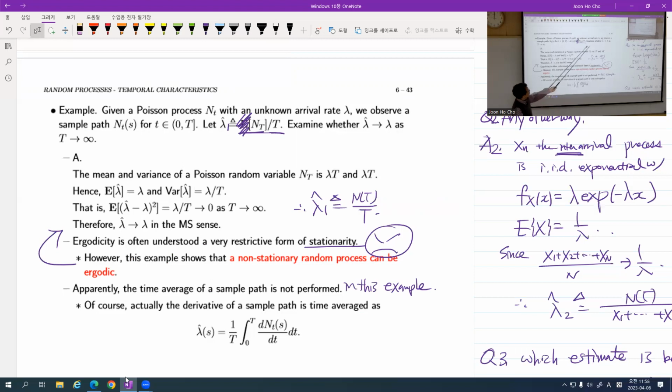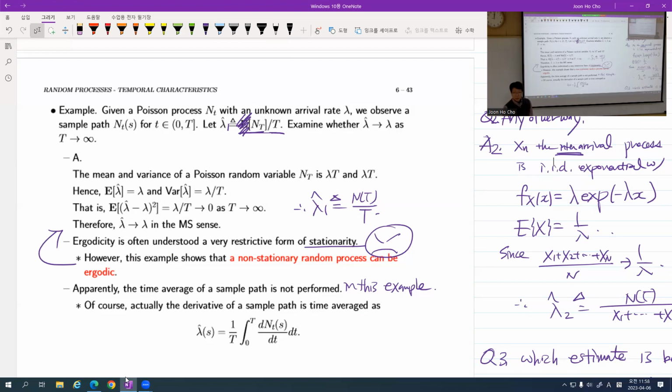And this information can be extracted from a single path if your interval is large enough. It seems that we want to say that this Poisson random process is an ergodic process in some sense, because we can extract lambda from a single realization, a single sample path.